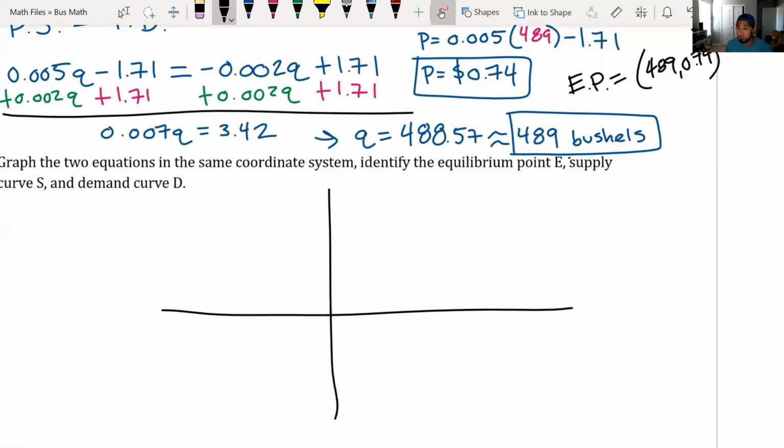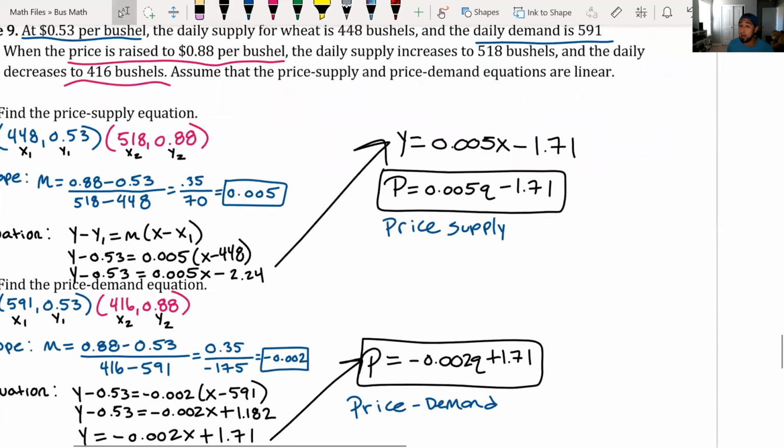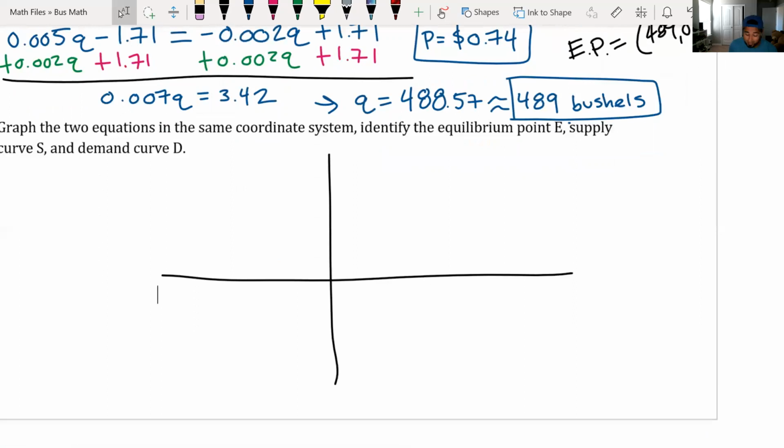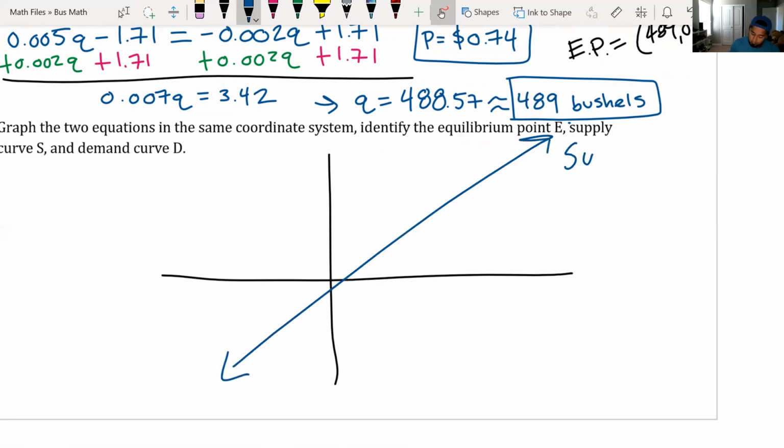So our supply function has a positive slope of 0.005x, so our supply is going to look something like this. Our demand has a negative slope, so it's going to look something like this.